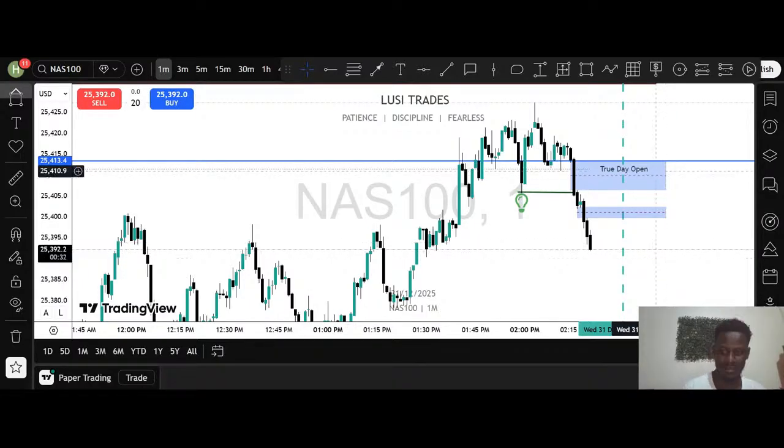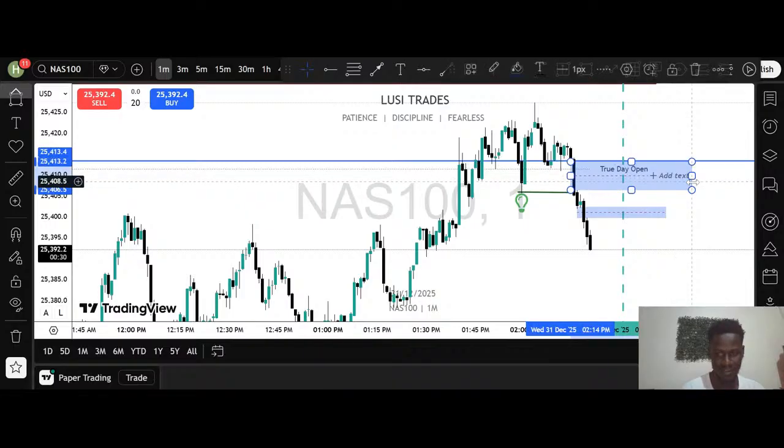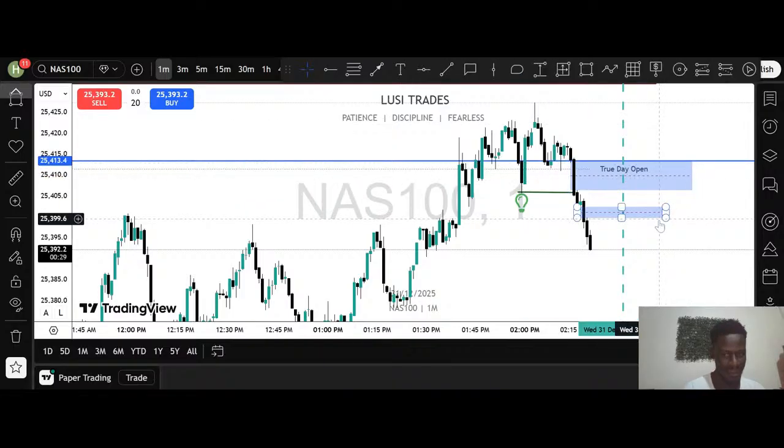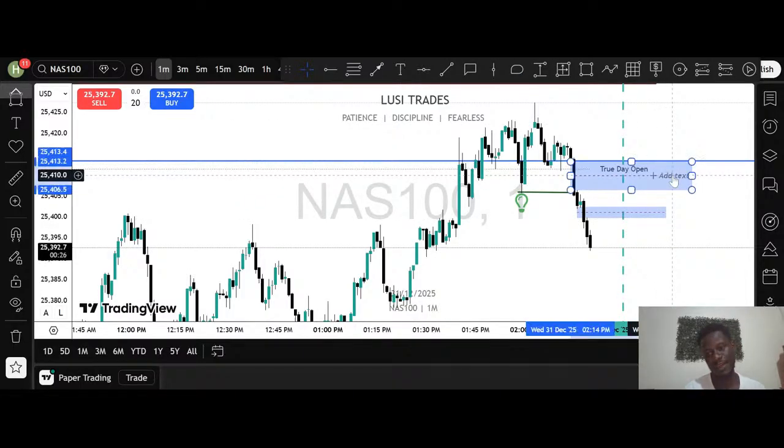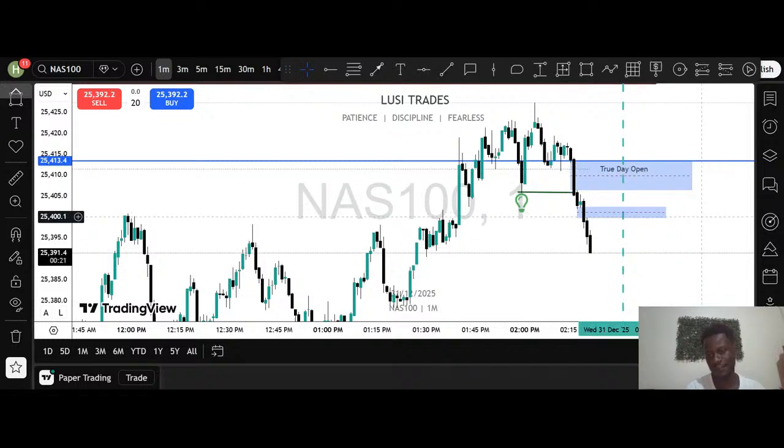So if price can leave this untouched, there's going to be the breakaway gap. So I want to see price leave this level, or if indeed it can trade back into it, then still well and good. But if it can leave it untouched, then that's fine.